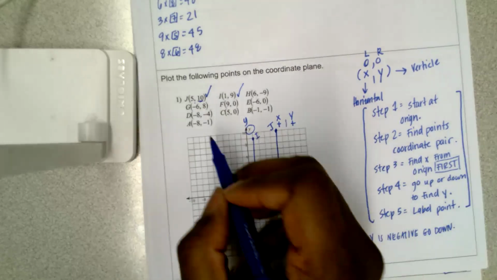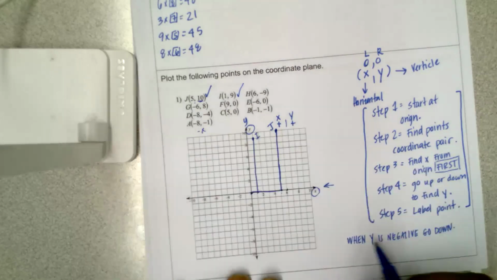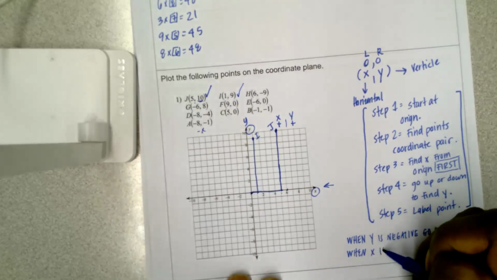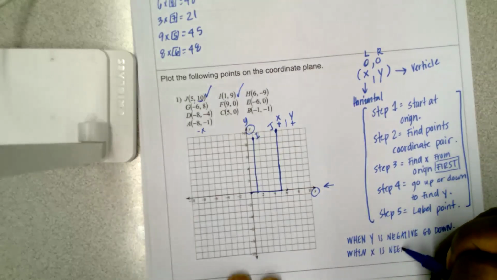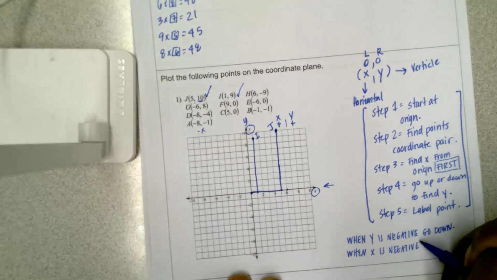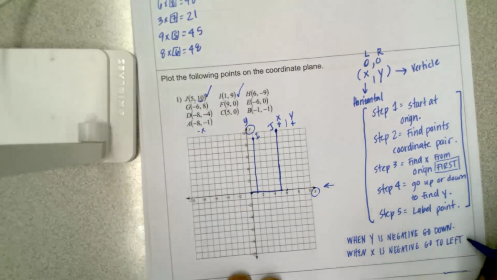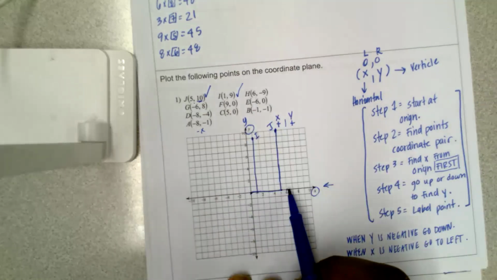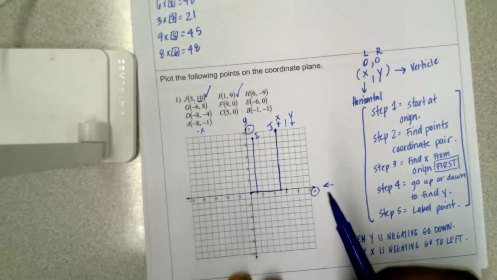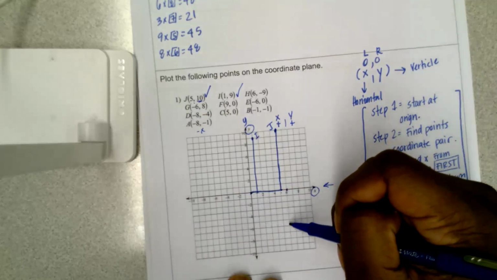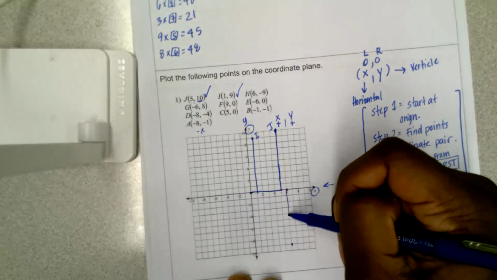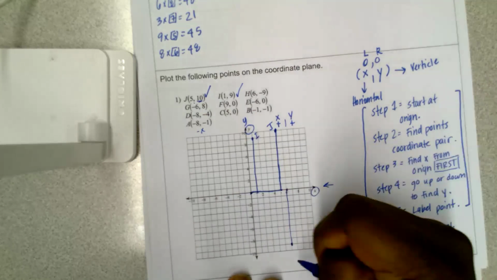When X is negative, go to the left. All right, so it's positive 6 down to negative 9, which is between negative 8 and negative 10. So my point is here.